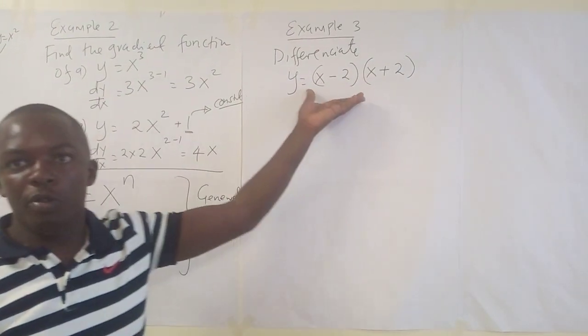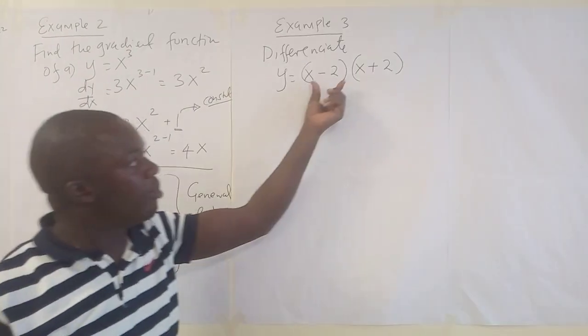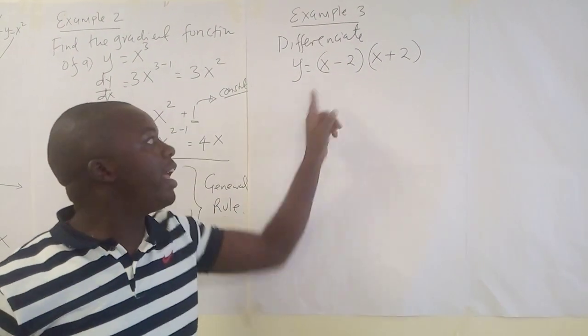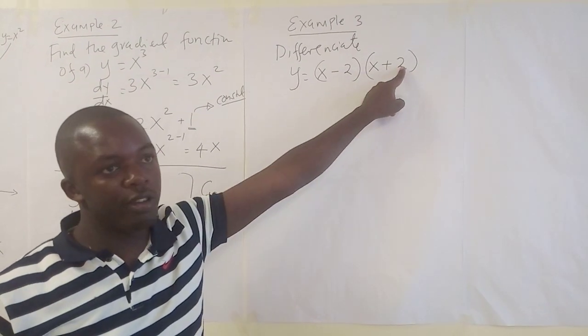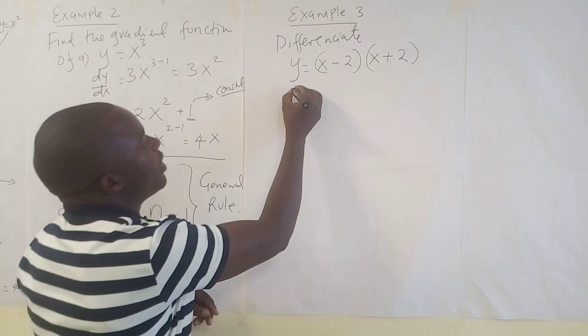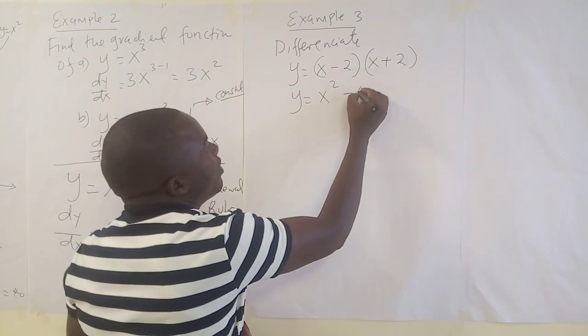This is a very good example to show us something: we can differentiate it fast by expanding this bracket. So if you expand this, y is going to be x squared minus 4.